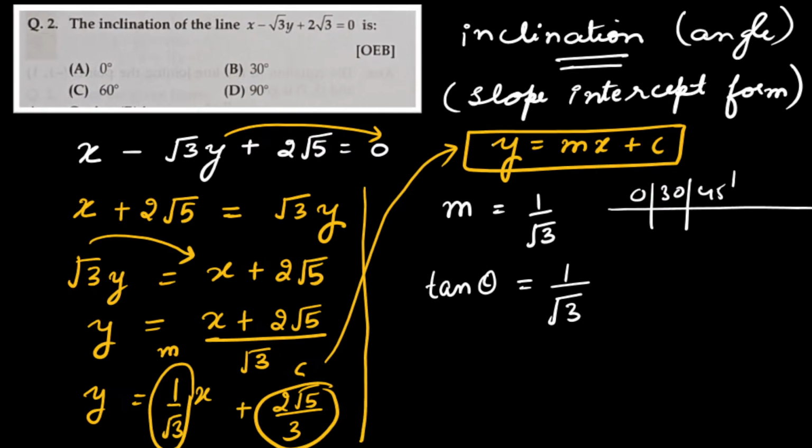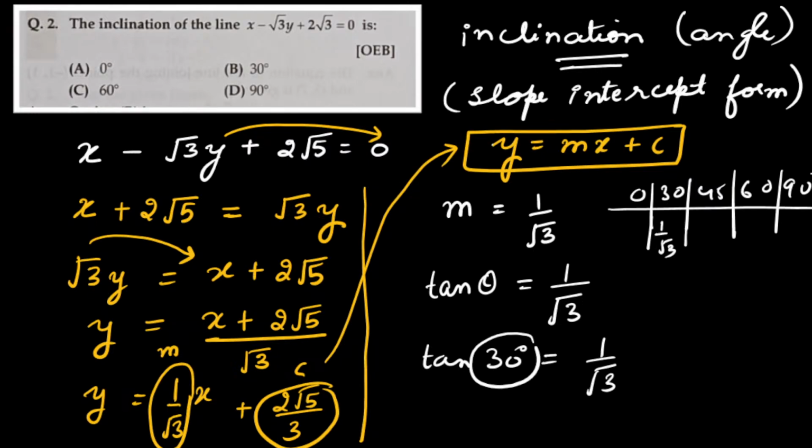Yes, Nikita has given the answer. 1 by root 3 is tan 30. So I can write tan 30 is equal to 1 by root 3, which means angle theta is equal to 30 degree.